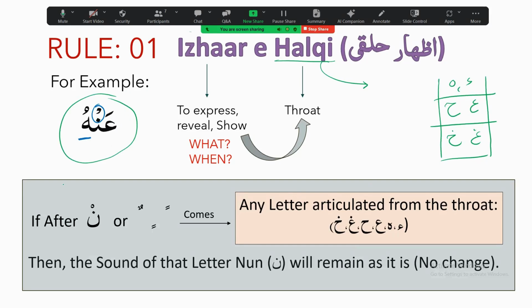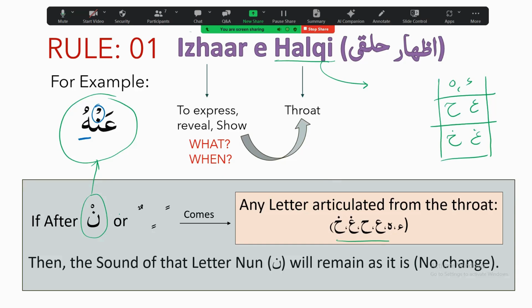If after noon sakin or tanween comes any letter articulated from the throat, which are these 6. In this example we have a noon sakin, and after it we see the letter ha. This ha is articulated from the throat, it is from the 6 letters of the throat.